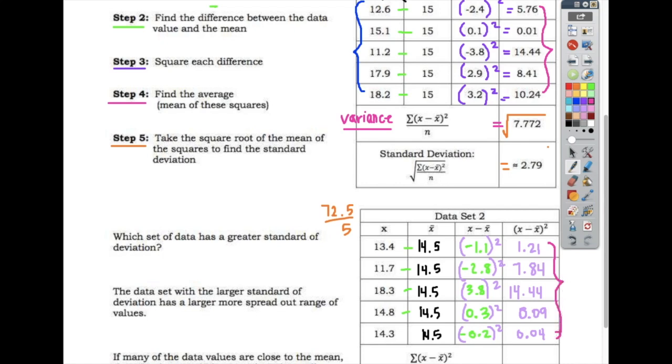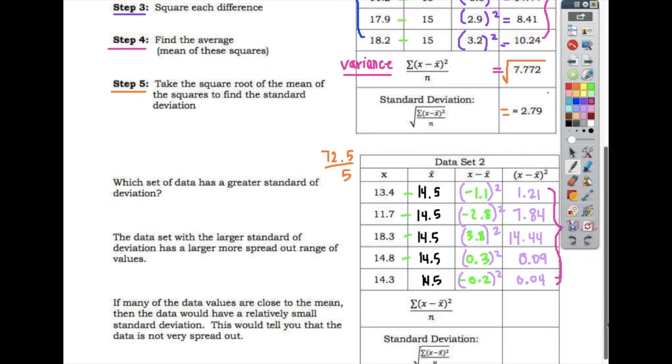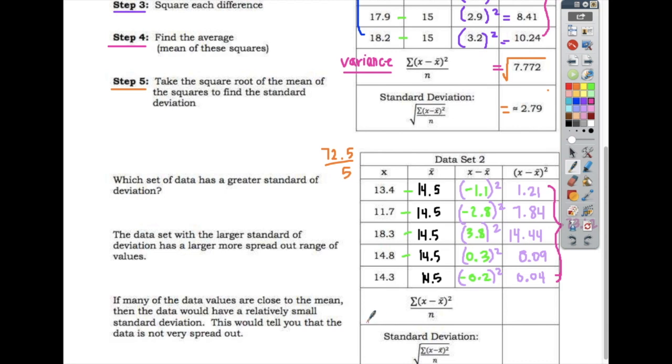So we have 1.21 plus 7.84 plus 14.44 plus 0.09 plus 0.04 is 23.62. And then if we go down step 4, remember this is finding our variance.